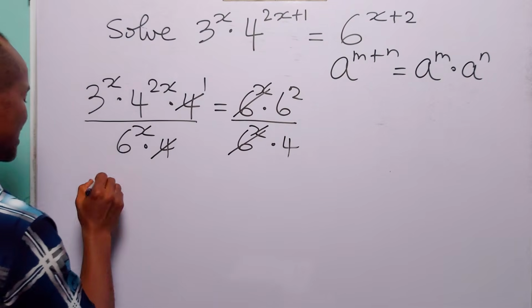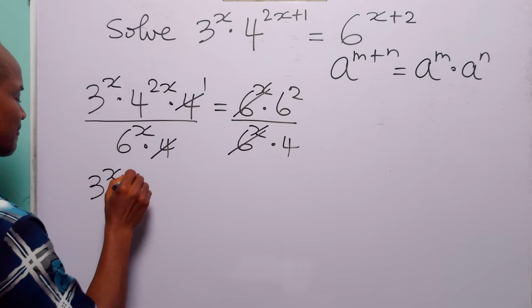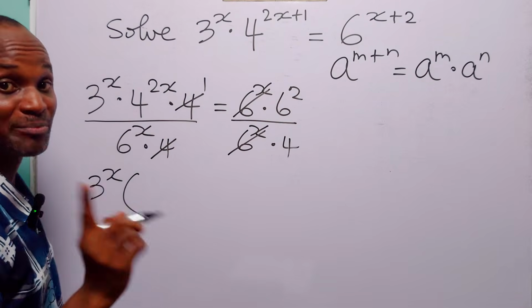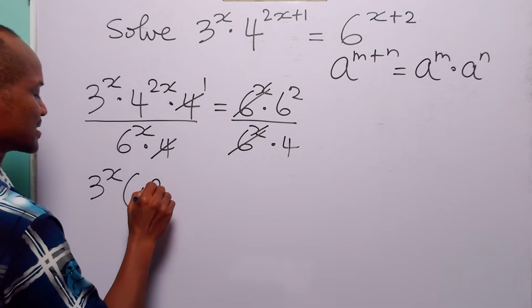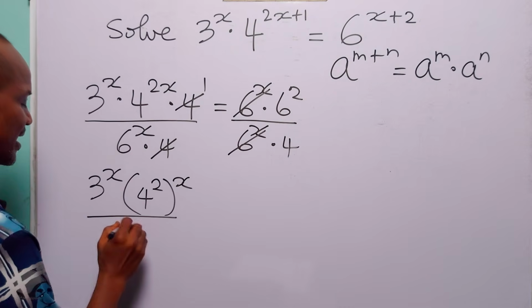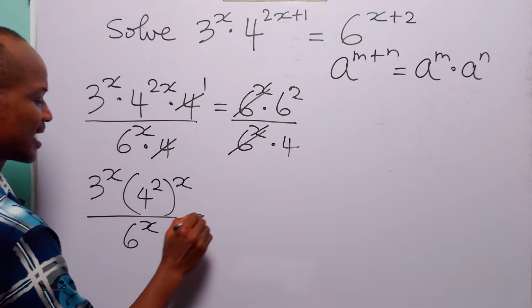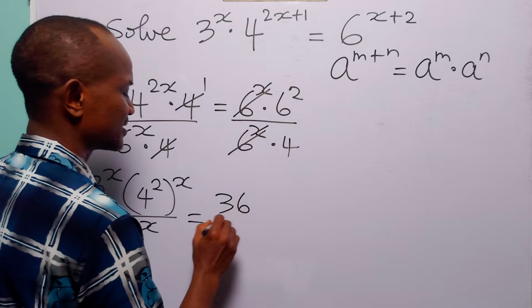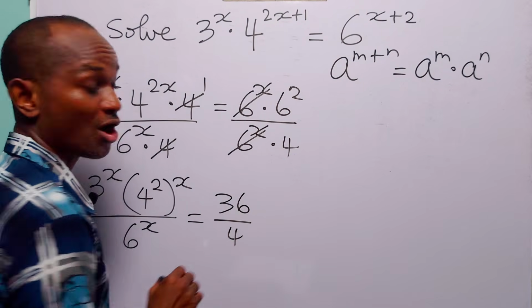On the left-hand side, we have 3 to the power x times, now you know that 4 to the power 2x can be written as 4 squared to the power x. This is divided by 6 to the power x, and this is equal to 6 squared, which is 36, divided by 4.